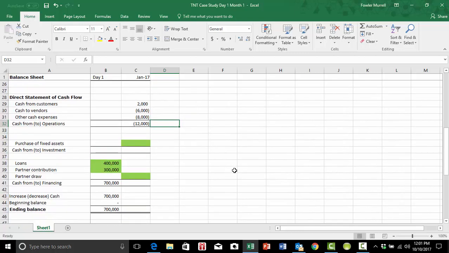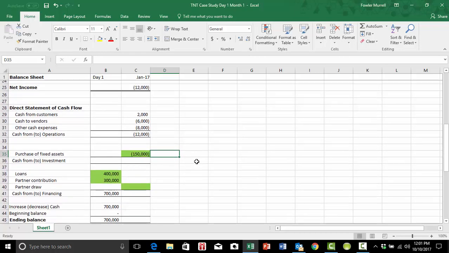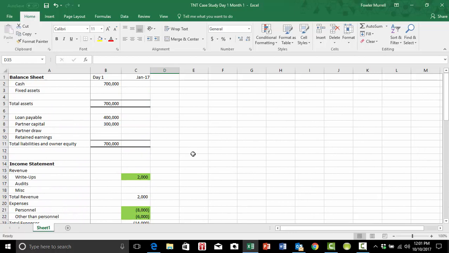Now we also purchased fixed assets in the first month. So that entry is debit to fixed assets, credit to cash. So we're in the cash flow statement. The credit to cash is shown as negative 150,000. The other side of that is here in the fixed asset side.